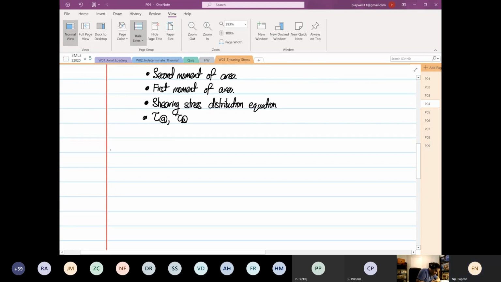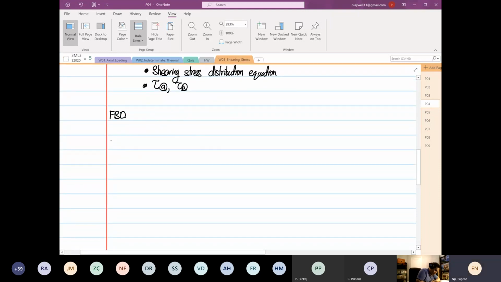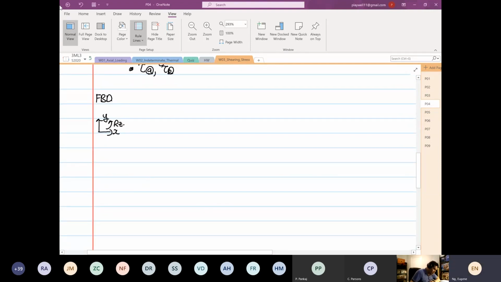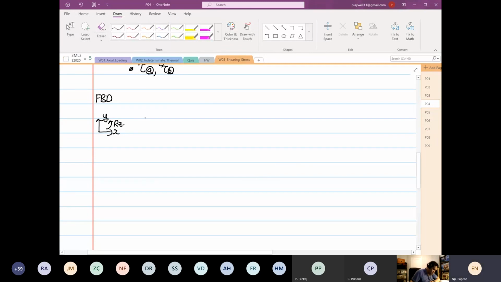So you draw up your translation, and then we have our rotation about Z. This is how I'm going to define our structure. So we're going to draw our free body diagram in 2D first.